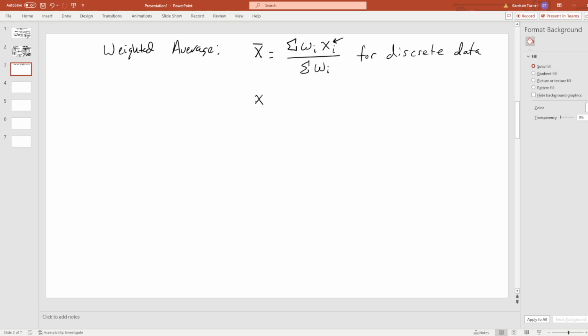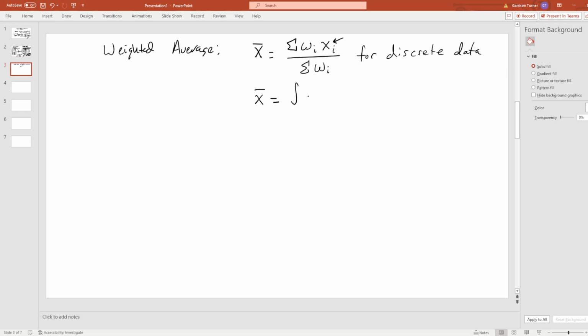Whereas my average is going to become an integral if x is a function.